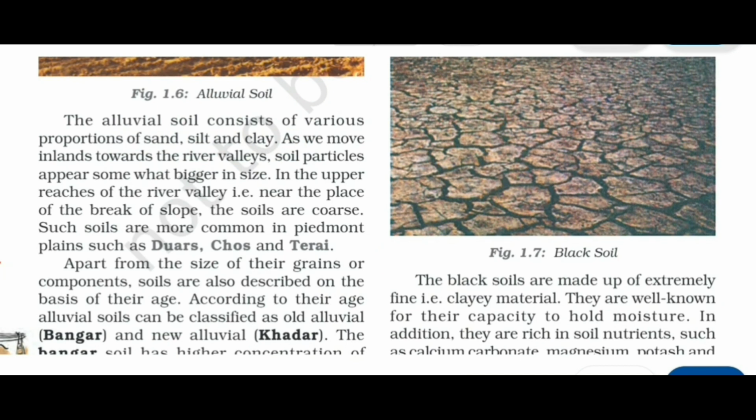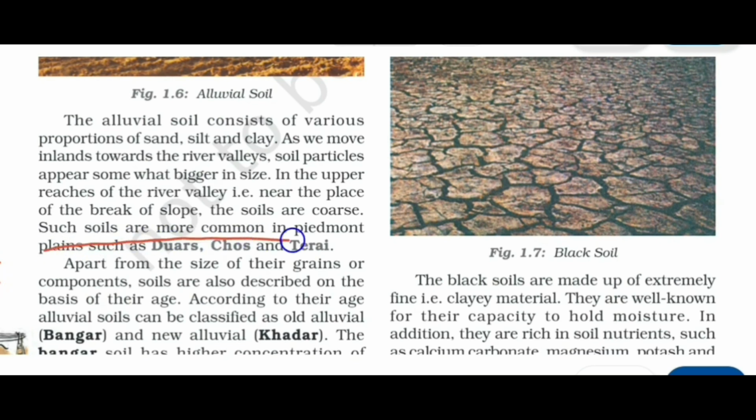In the upper reaches of the river valley, that is near the place of the break-up slope, the soils are coarse. Now actually you need to keep in mind, rivers are there, the river valley is there. Then after the river valley you find there are areas which have soil, but the soil is not very fine, it is coarse. Coarse means the pieces of soil are a little big.